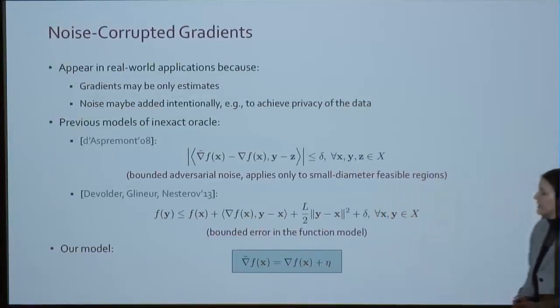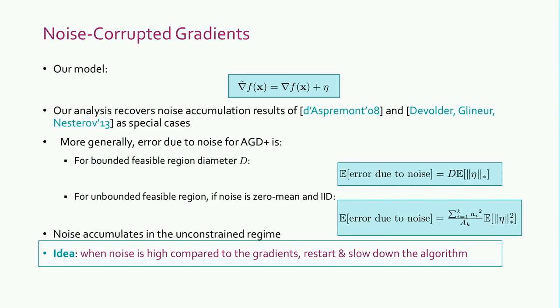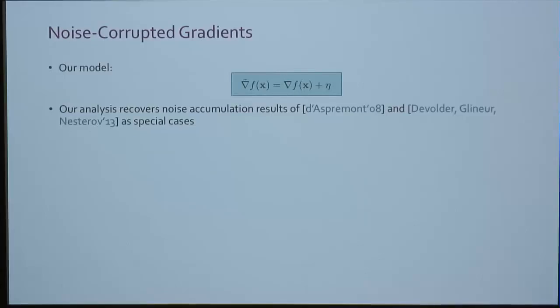Okay. The model we're interested in here is just the inexact gradient model, right? I have an inexact gradient. It is equal to the exact gradient plus some noise vector. That's my model. We, in fact, show that through our techniques, you can recover noise accumulation results for accelerated methods from these previous works. So it is a more general model.